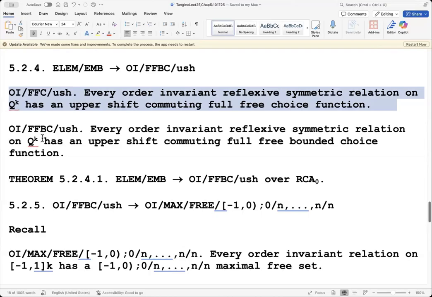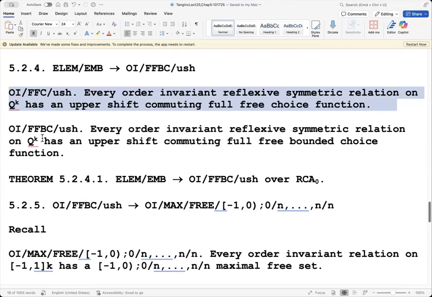The idea is that the elementary embedding that comes from that section becomes the upper shift, not the upper shift on a copy of the rationals, that's Q cross -1 to 0.